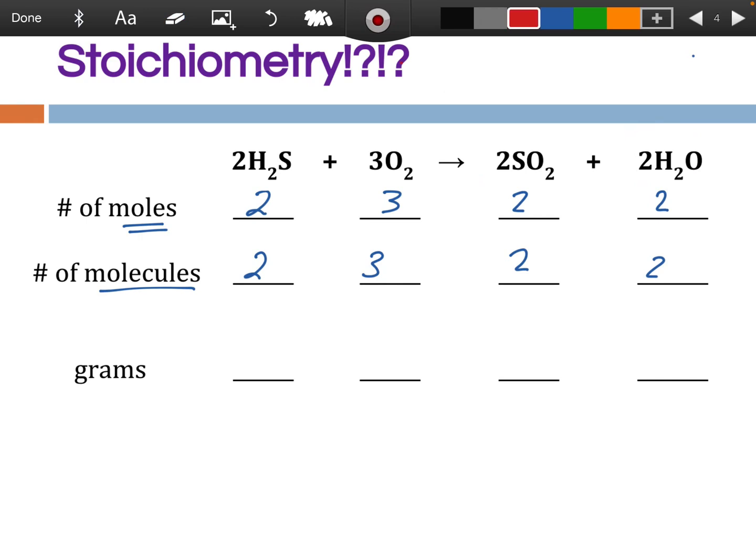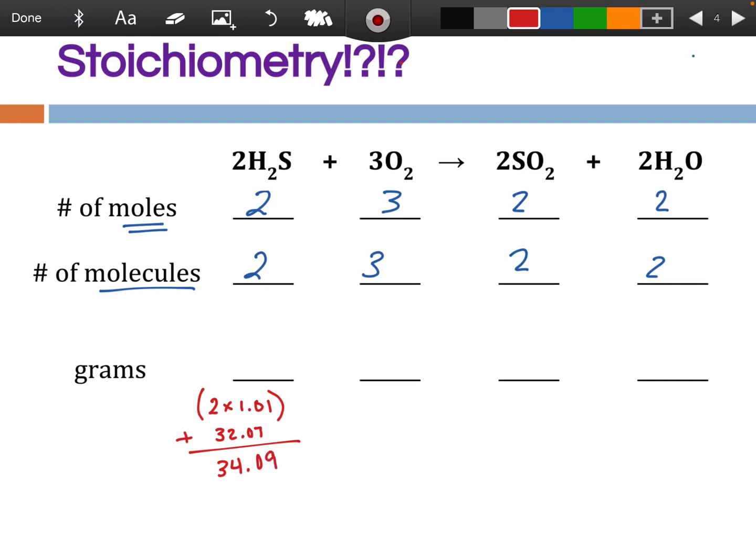All right, in terms of grams, grams are a little different because grams depend on the molar mass of each element. So if we found the molar mass of H2S, you would take 2 times the mass of hydrogen from the periodic table, plus the mass of sulfur, which is 32.07. If we added those together, you end up with 34.09.